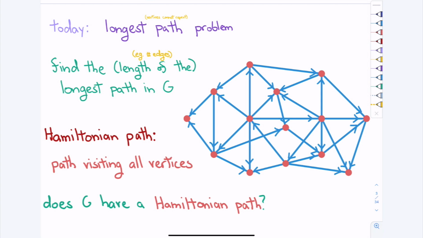All right, so I don't know the answer to this. I guess in this graph on the right, what is the longest path? I'll give a little time to stare at it.